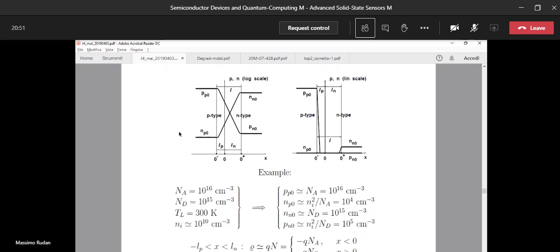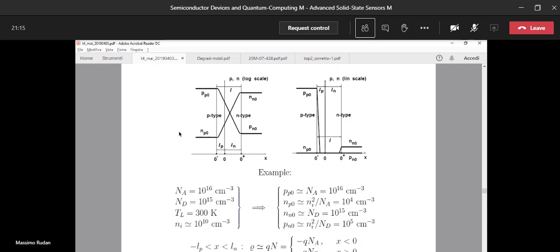So Pn0 in the figure is 10 to the 5th. It is 10 orders of magnitude smaller than nn0, because nn0 is 10 to the 15th and Pn0 is 10 to the 5th.